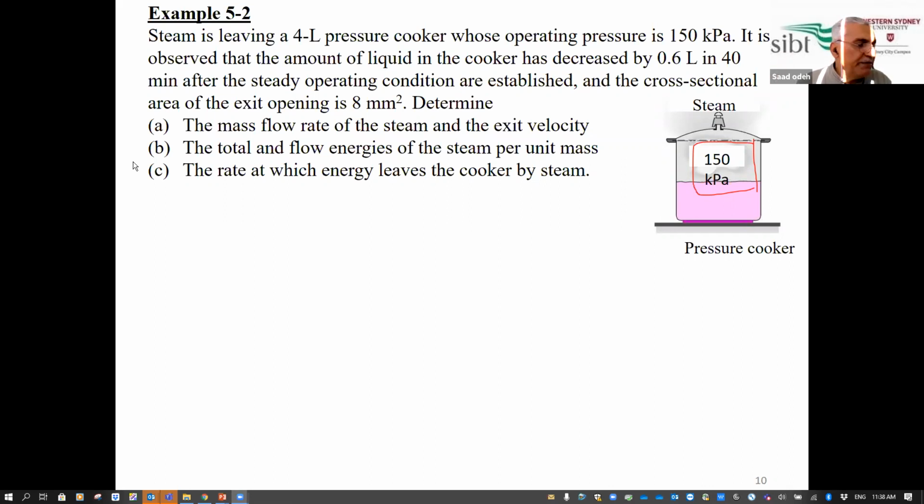Okay, we have the pressure given here, and the question says that the volume is 4 liter. We can convert it to cubic meter. In the question, they said that the amount of liquid in the cooker has decreased by 0.6 liter in 40 minutes.